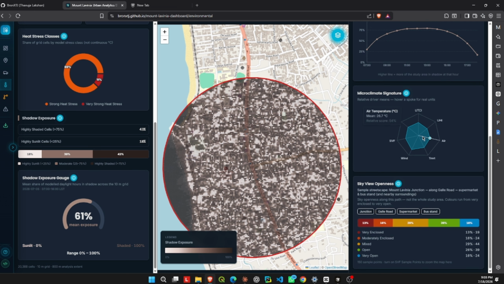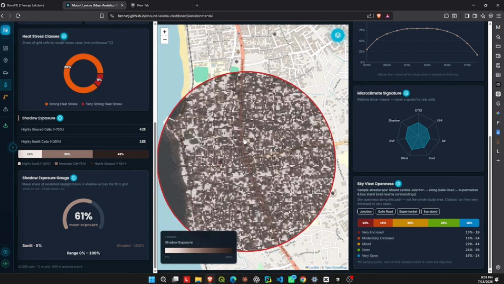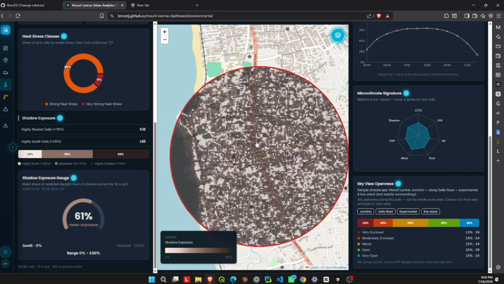So that factor, what we found, we have to implement some kind of strategies when it comes to urban design, urban planning, right? So if you want to give a comfortable environment to the pedestrian, definitely we have to analyze this shadow exposure, right? So then the other one is the microclimate signature, right?